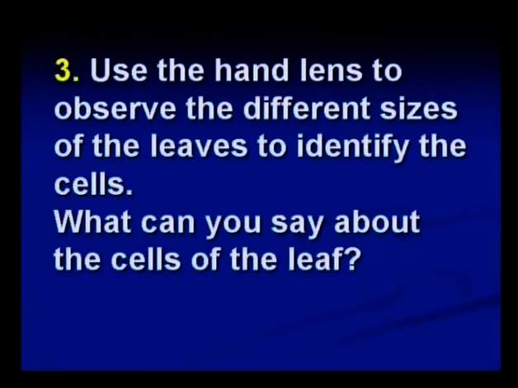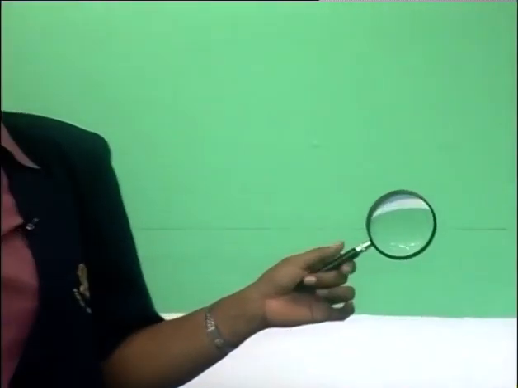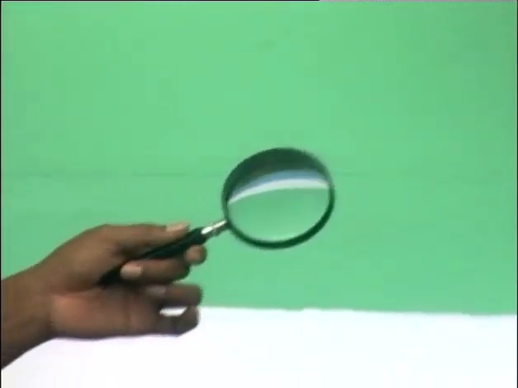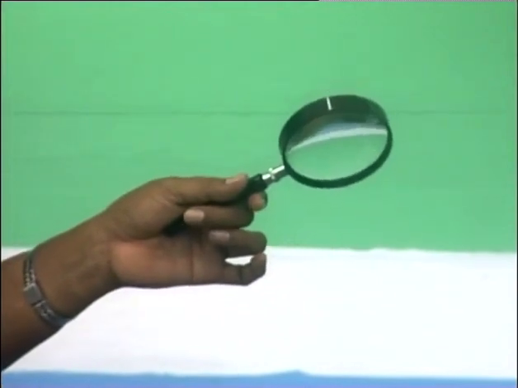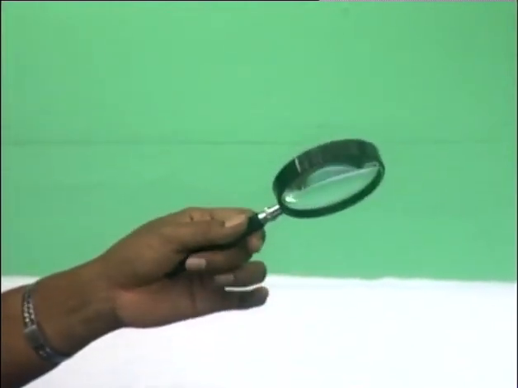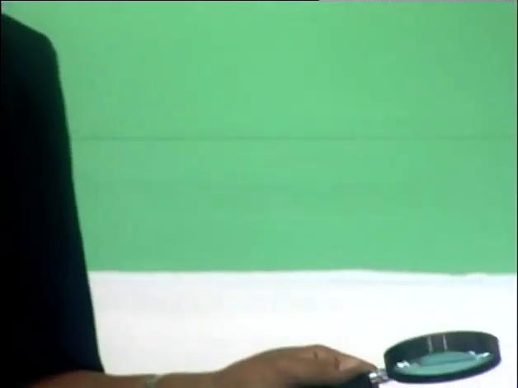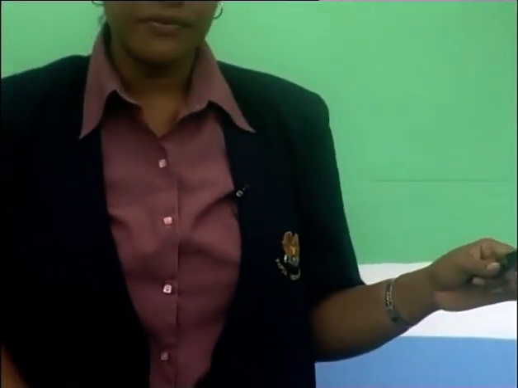Right. If you don't know how a hand lens looks like, this is a hand lens. Okay, and hand lenses come in many sizes. This is a big one which you can use, and it is meant to make smaller things become bigger. Right. And this is how you observe the leaf using the hand lens.